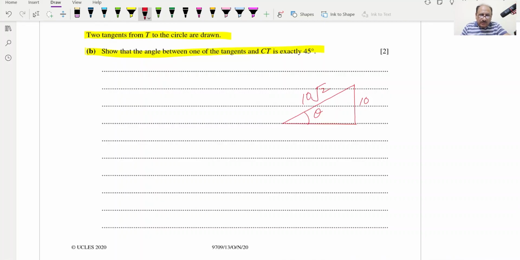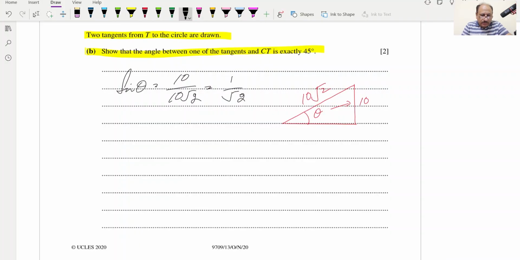And now we can find opposite over hypotenuse, so we can write sine theta. Sine theta will be equal to 10 over 10 root 2, and this will be equal to 1 over root 2.